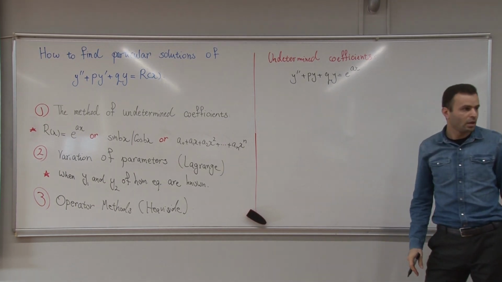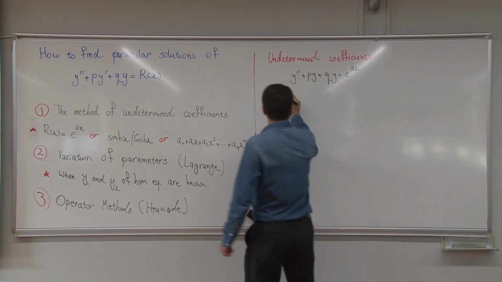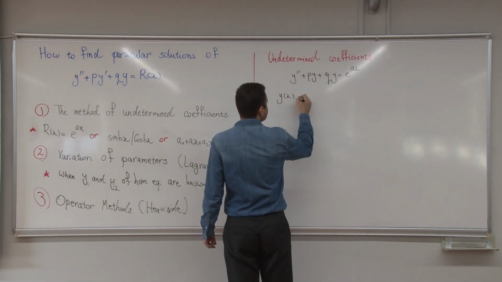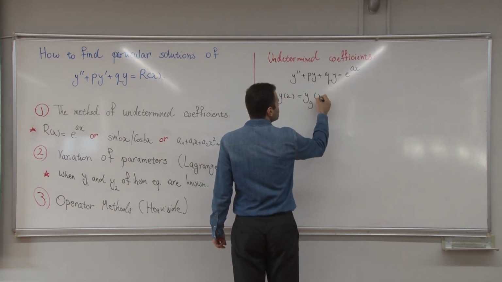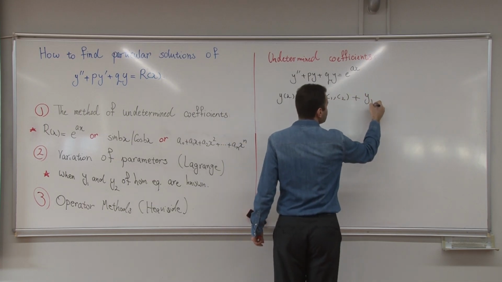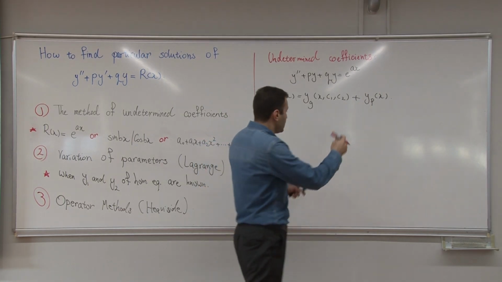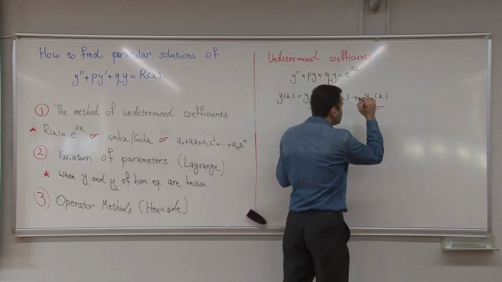Okay? In this case, what is going to be my general solution? It is going to be y of x equal to the general solution of the homogeneous equation plus this particular solution, right? We are interested in finding this.